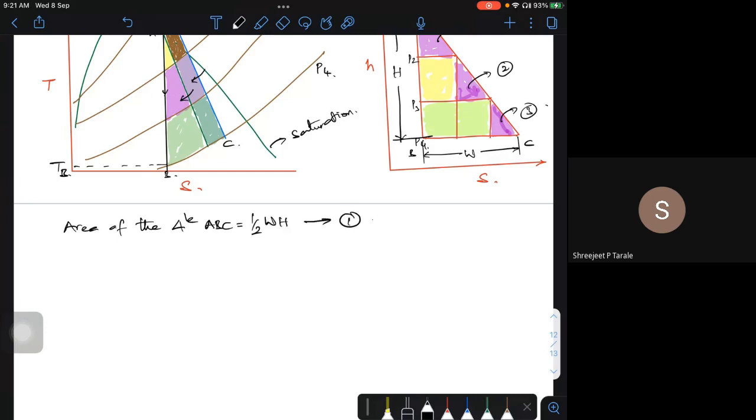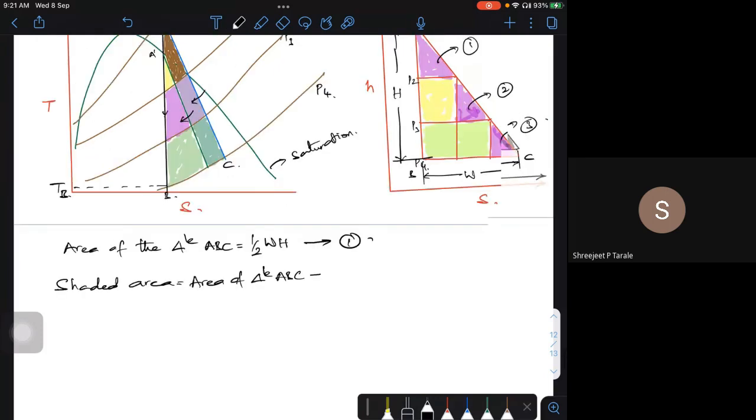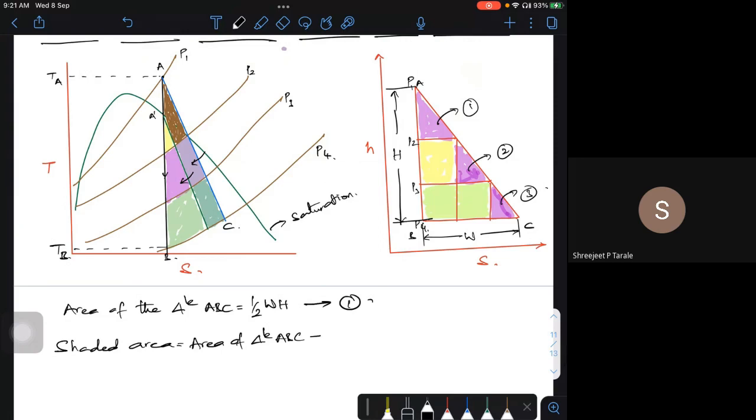Let me call this equation number 1. Now, what is the shaded portion? The shaded area, the pink, is equal to the area of the triangle ABC minus, suppose all the stages are of the same temperature drop and same stage efficiency, then 1, 2, 3 will be equal.